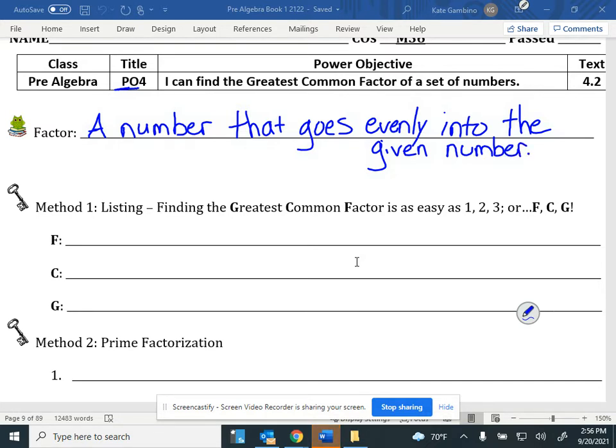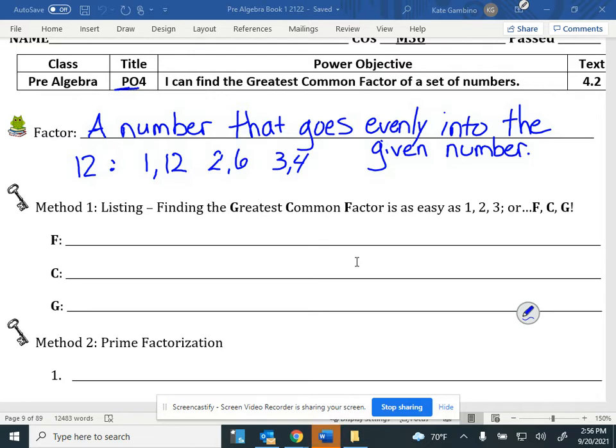An example of this would be if our number is 12, its factors would be 1 and 12, 2 and 6, 3 and 4. Those are all factors of 12.